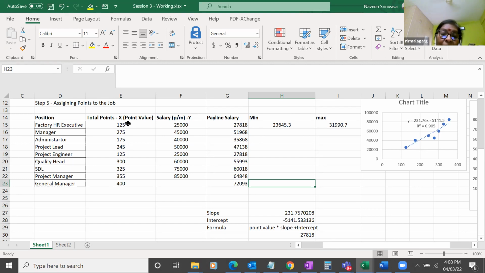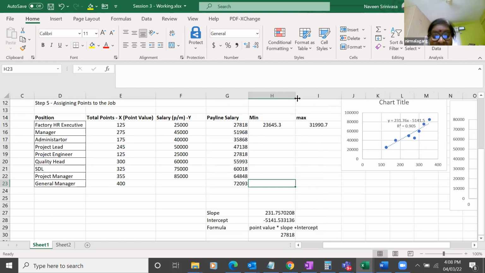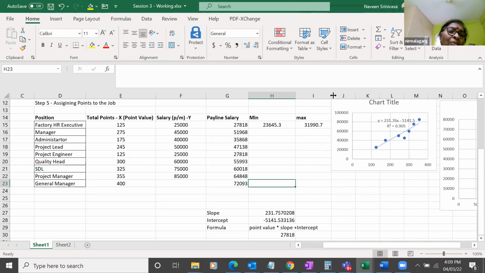Now you have created ranges. But typically for benefits, you have to create grades. When you are using a point plan, salary is as per the point plan, but then they're further categorized into grades. Like, for example, I can have 125, 175 into one grade. There are three positions, 125, 125, and 175.